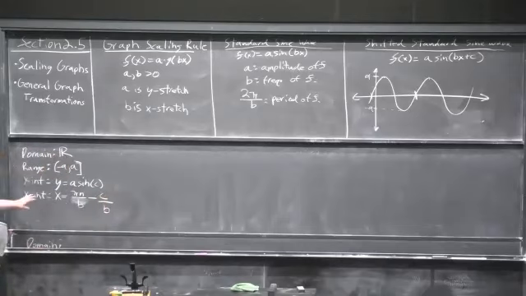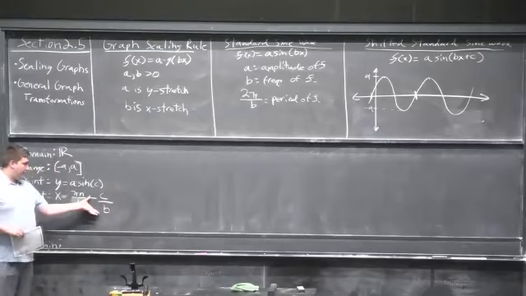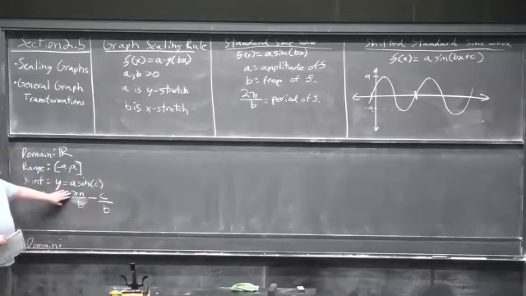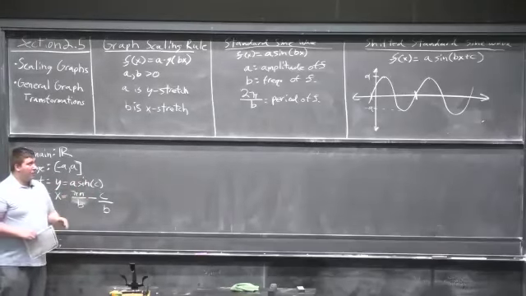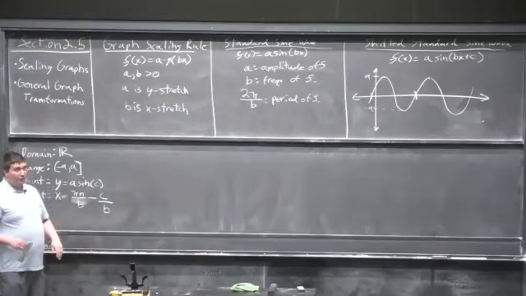And how this is determined is we have the phase shift, which is this negative c over b. And now we're just going to add every interval of pi, because we hit the 0 twice in every period.